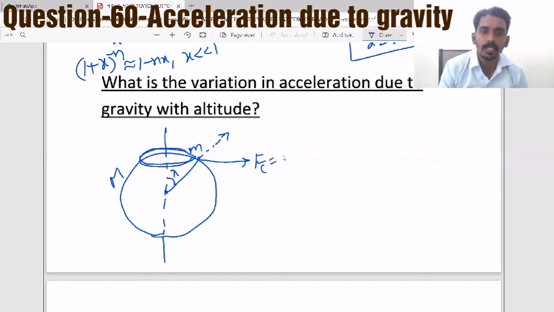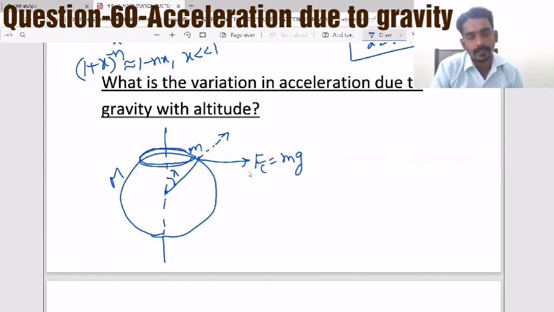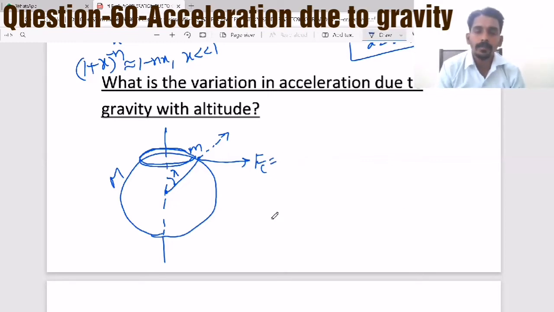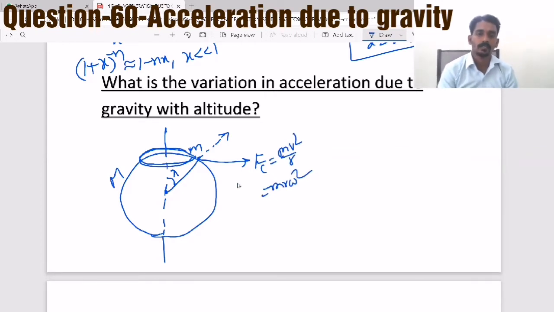The centrifugal force general formula is mv square by r, or else m r omega square. Now you will take the components, one along this and one along this.